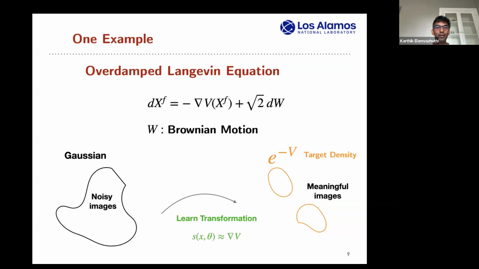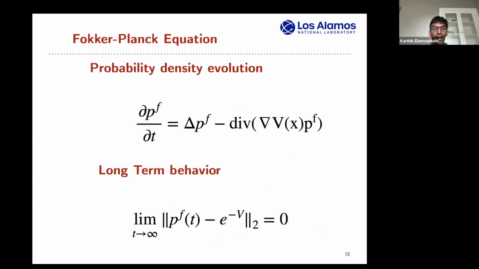So if we can learn this potential, we can map these noisy images to these meaningful images. And now you might ask, why is that the case? Why would learning this potential do that? The reason is the behavior of the corresponding probability densities. It turns out that if you have a potential V that you perturb your Langevin equation according to, in the limit, the probability density ends up converging to the exponential of minus this potential.